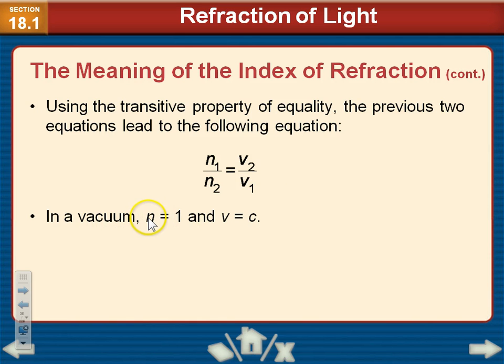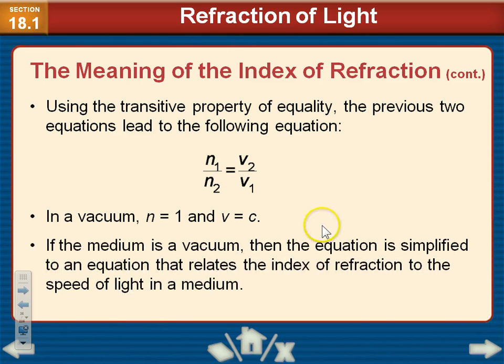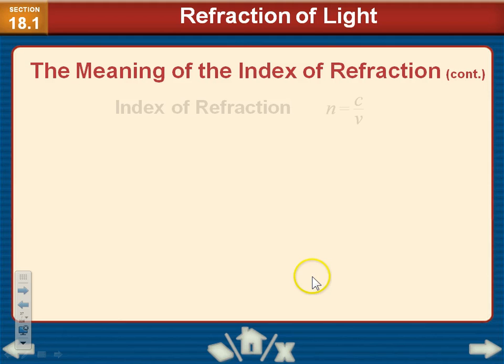We're always going to use n equal to 1 in a vacuum. We're also going to use this number for air. The velocity of the light in a vacuum is going to be the speed of light, c, 3 times 10 to the 8th. Most of the time we're going to be going from air into something else.